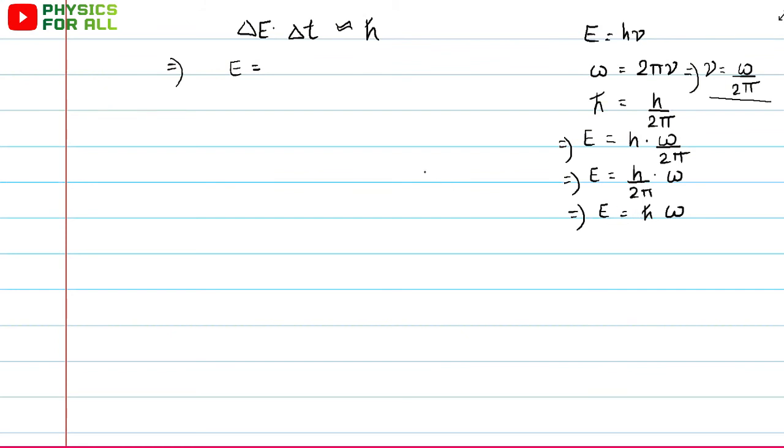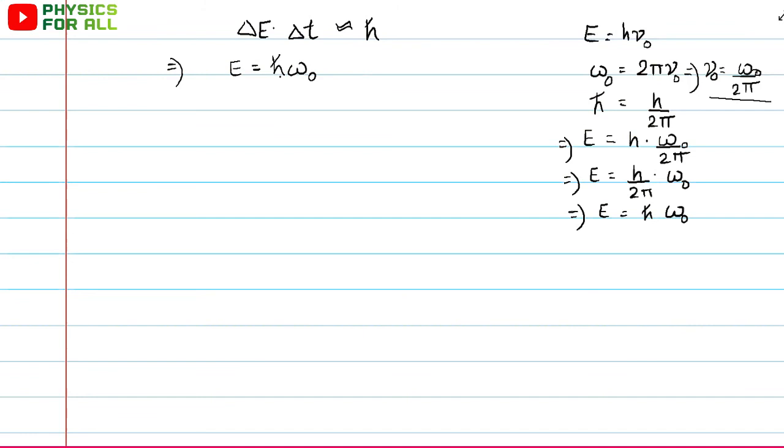So I can also write that E is equal to h cut omega naught. Here I am using omega naught because we are dealing with central frequency, and corresponding to central frequency we have the natural angular frequency. That's why we have to use this.